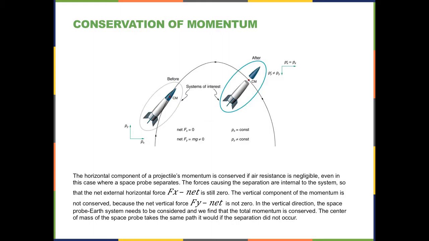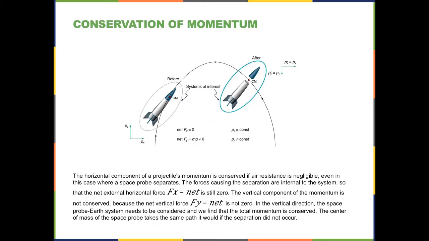The forces causing the separation are internal to the system, so that net horizontal force, F net x, is still equal to 0. The vertical component of the momentum is not conserved because the net vertical force, F net y, is not 0.